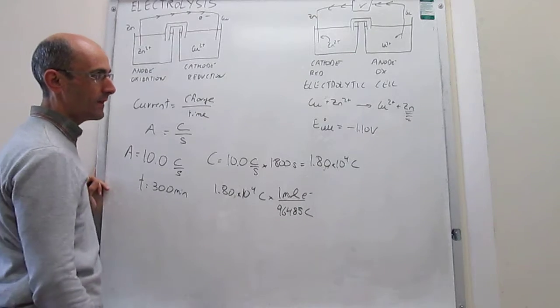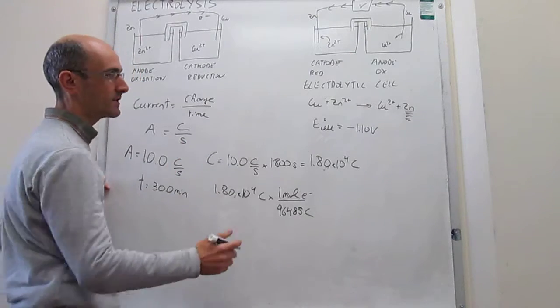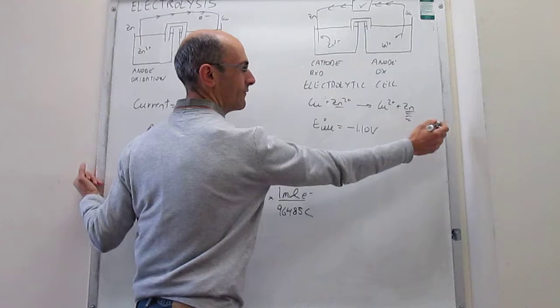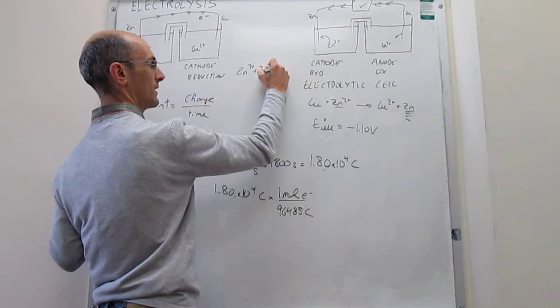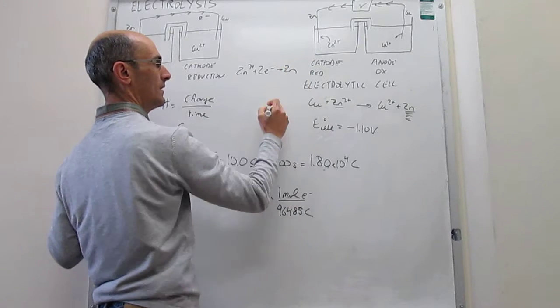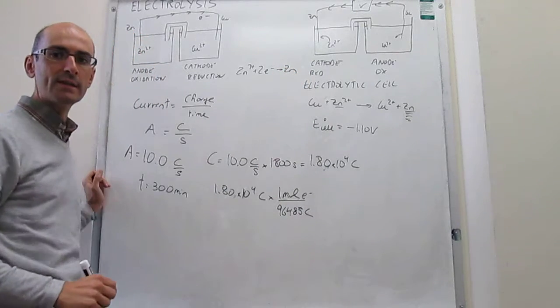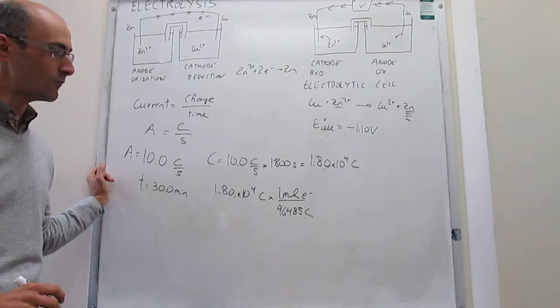Okay? And then, if we have the moles of electrons, again, we can go back and take a look at the half reaction, which would be Zn2+ plus 2 electrons to generate zinc, and then be able to find out what the moles of zinc would be.